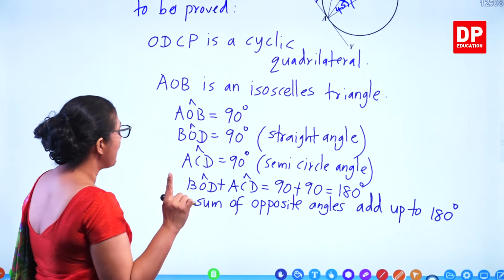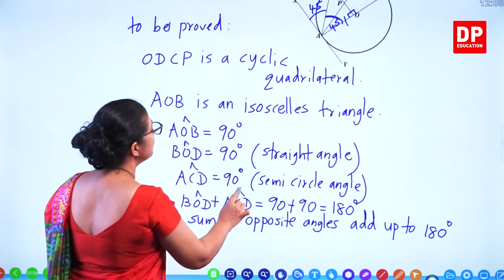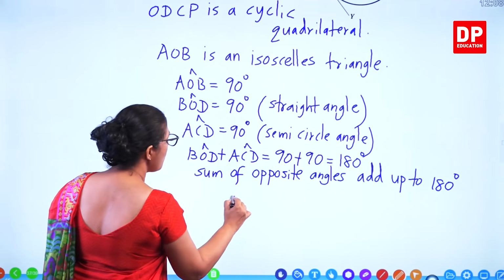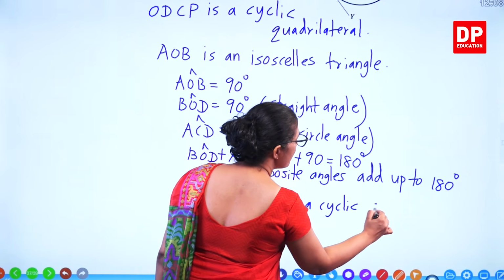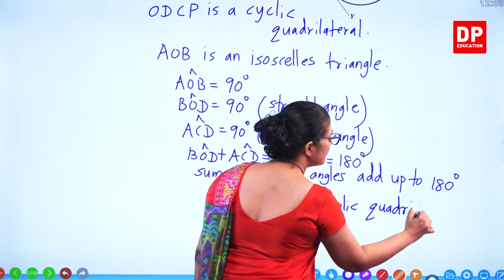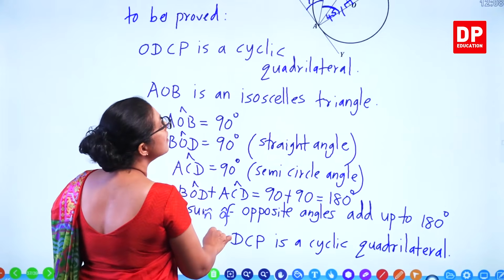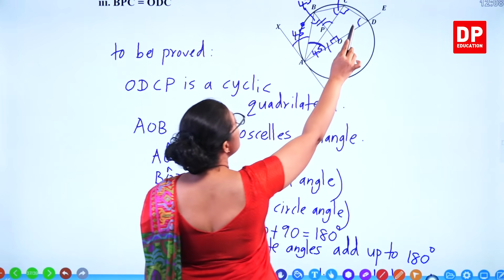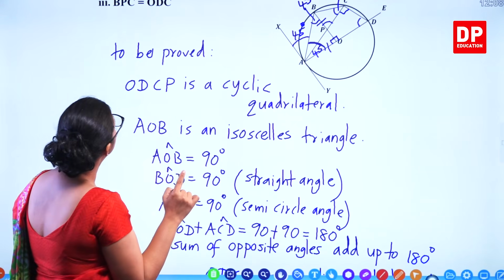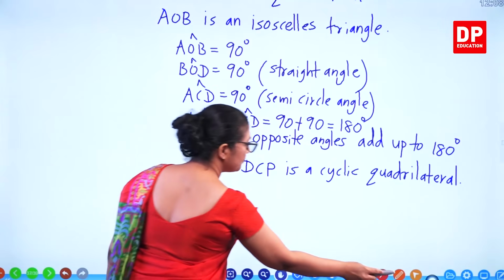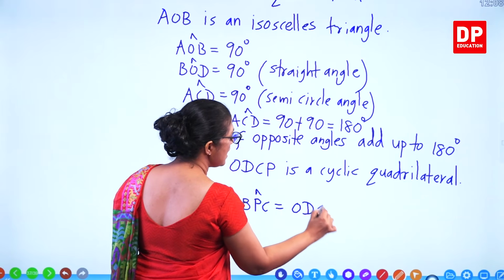That means, what's the cyclic quadrilateral? ODCP. ODCP is a cyclic quadrilateral. If we know that's a cyclic quadrilateral, this angle ODC is equal to BPC. Angle BPC is equal to ODC.